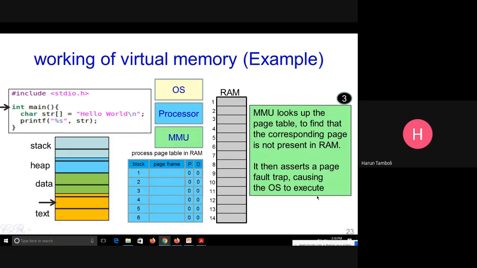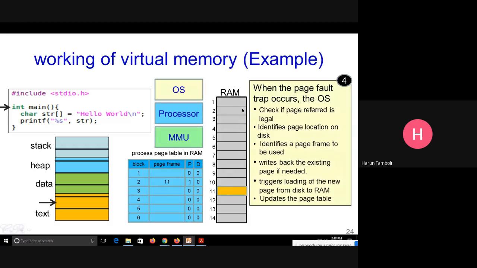When the page fault interrupt occurs, the OS triggers. Then the OS will first check if the page referred is legal or not. If it is correct, then it will identify the page location on the disk, whether the page is present on the disk or not. Then it will identify the page frame to be used, if a page frame is available or not. If it is not available, then it will use a page replacement algorithm.